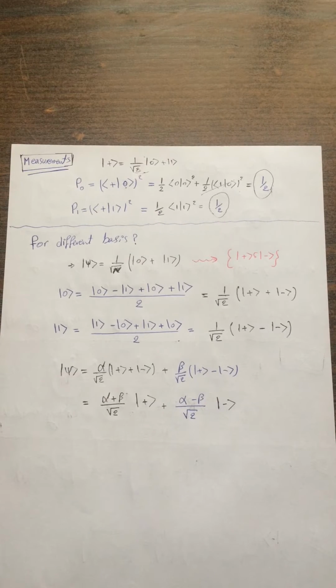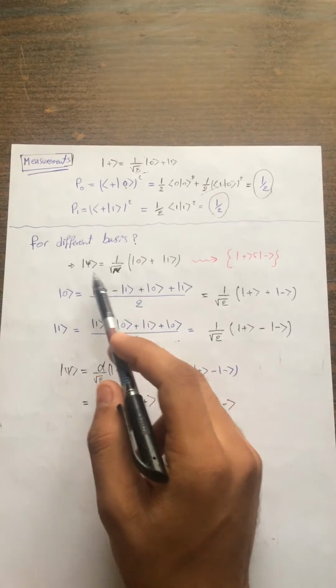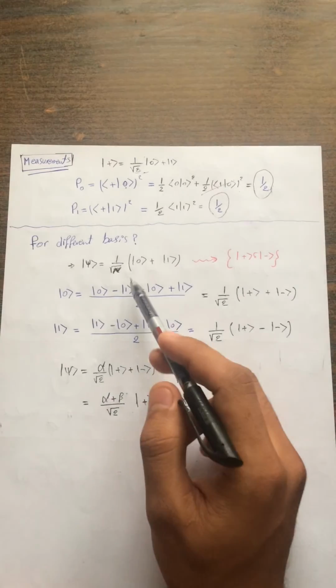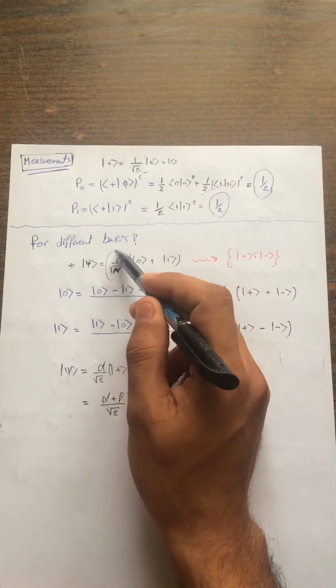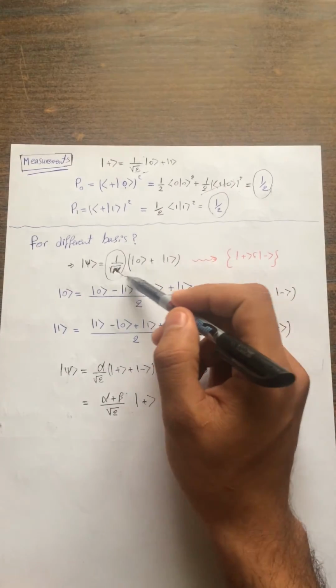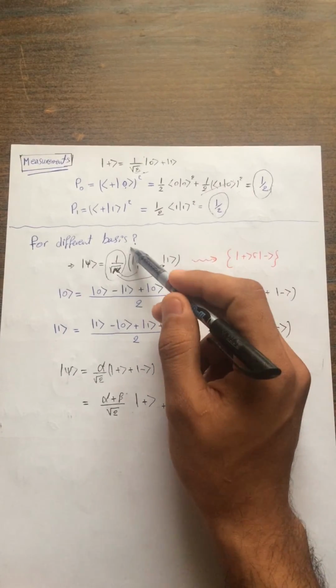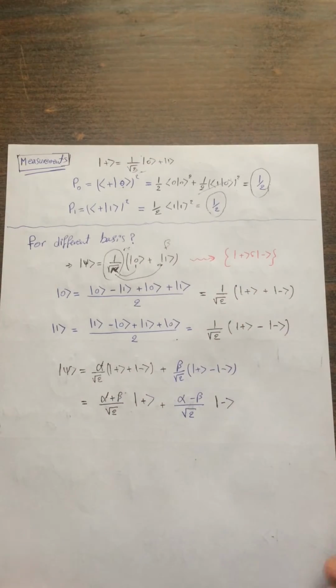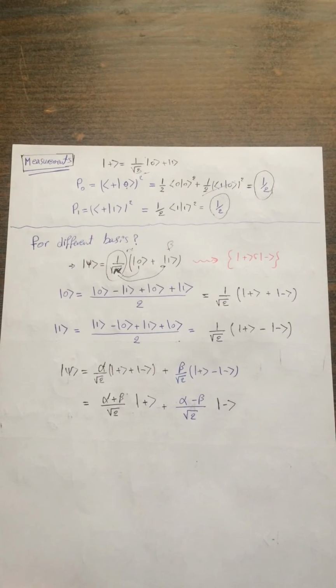What will be the case if I would like to measure in different bases? Let's take an example of a wave function. I put 1 over square root n to say that we have different probabilities for 1 and 0, so maybe alpha, maybe beta. What if I would like to measure this in a different basis rather than 0 or 1?